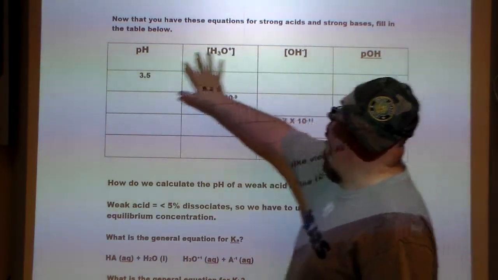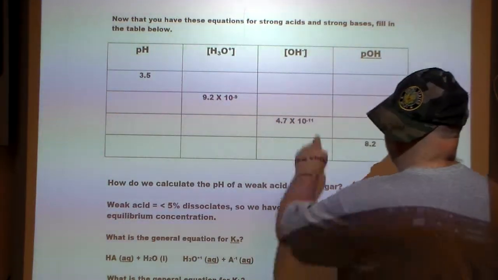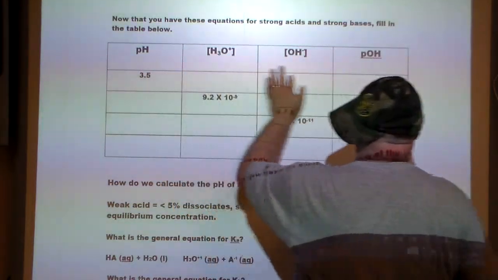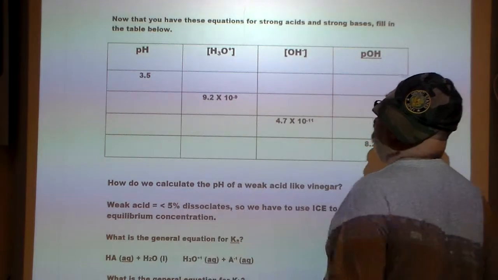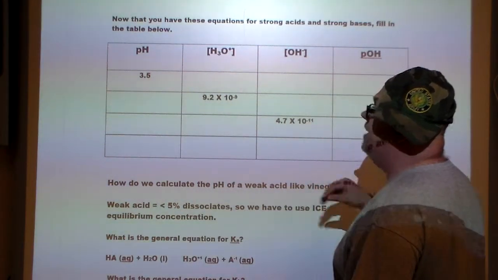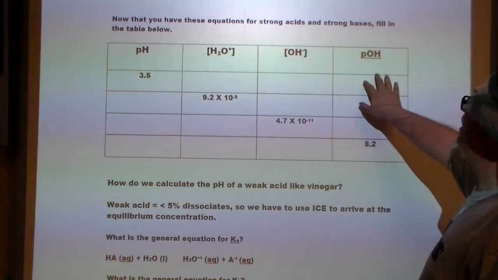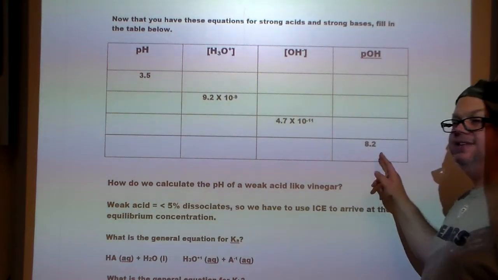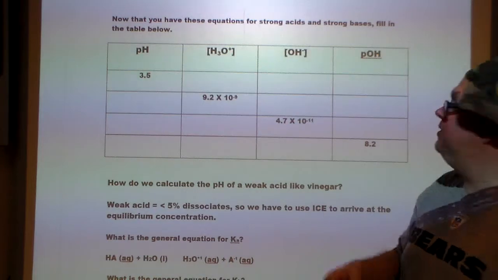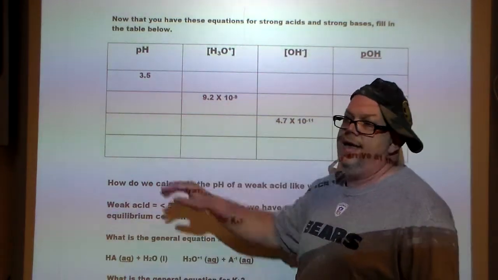Okay, over this table here, given the pieces of information you have, you would be able to fill in the information. Here we have a pH of 3.5. We can take 14 and take away 3.5, and that gets us our pOH. Over here, we have a pOH of 18.4. We can subtract that from 14, and that will give us the pH.